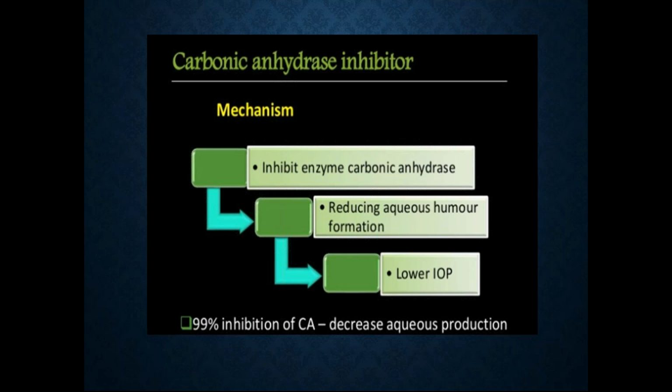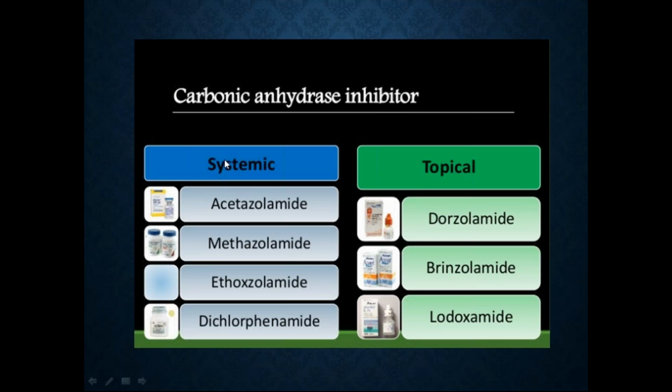Now coming to the next group, carbonic anhydrase inhibitors. It inhibits the enzyme carbonic anhydrase and reduces aqueous humor formation. So it decreases the production and lowers the IOP. It can be given both ways. I told you that these are the only group of drugs which are available orally and topically.